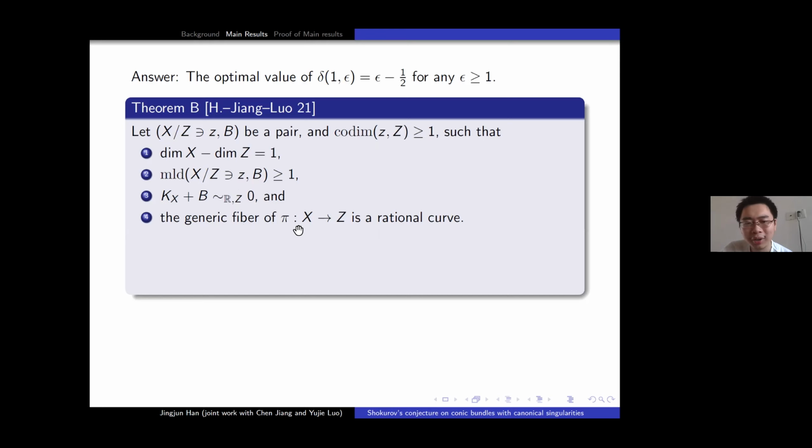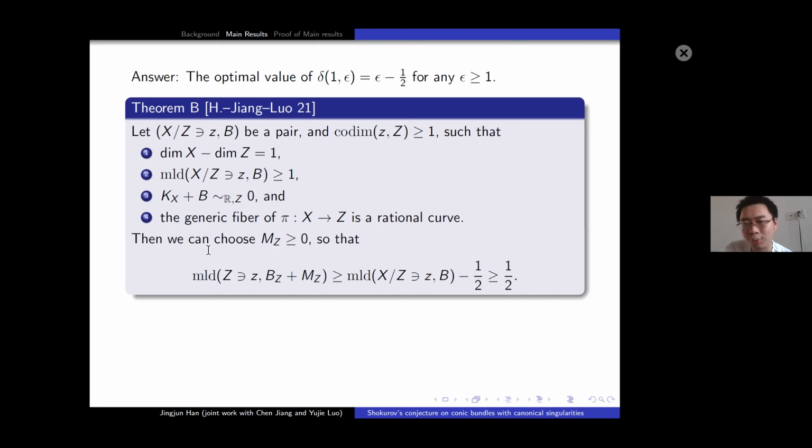This is equivalent to assuming that X is of Fano type over Z, because in dimension 1, a rational curve, if it is smooth, is P1, so it is of Fano type. So the general fiber is of Fano type.